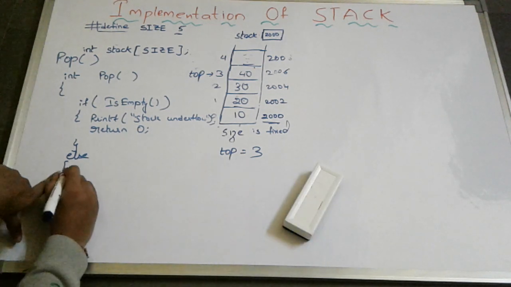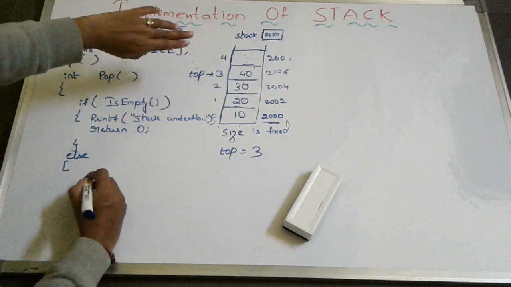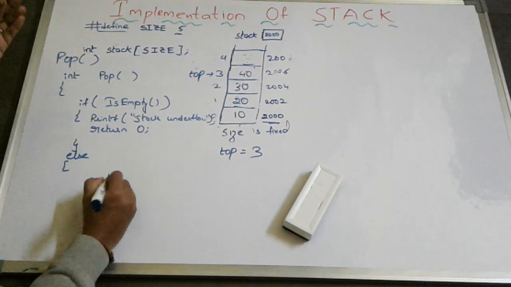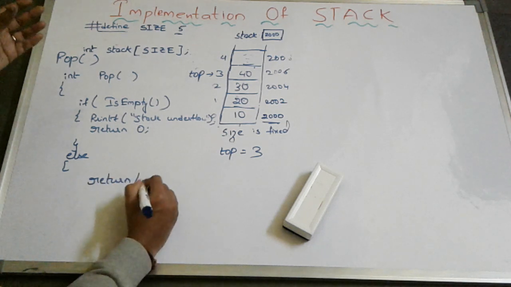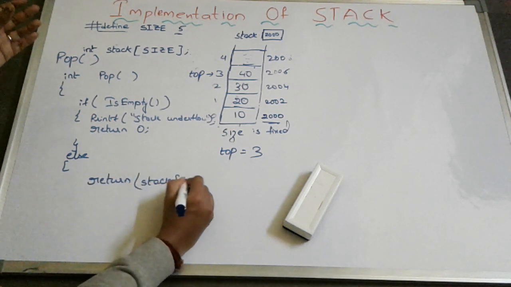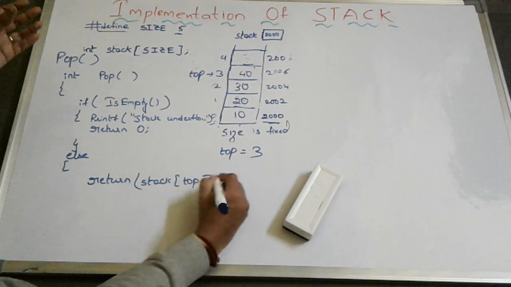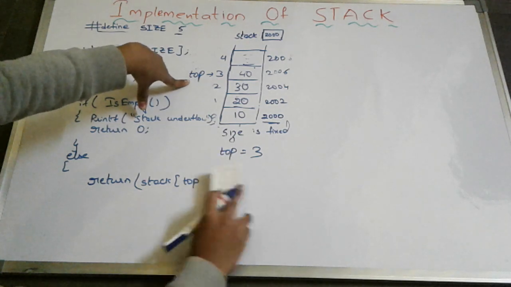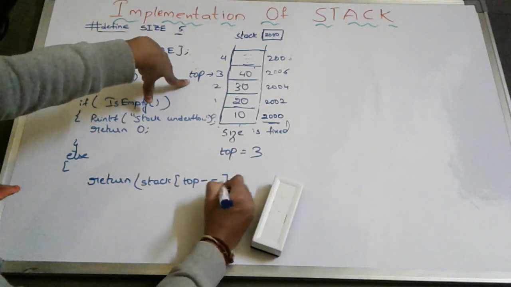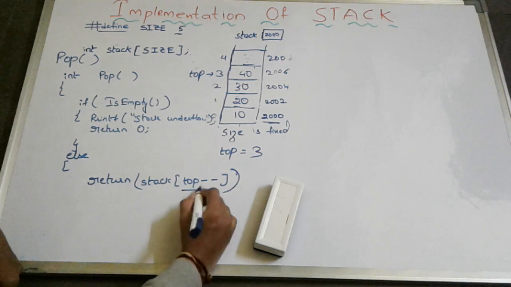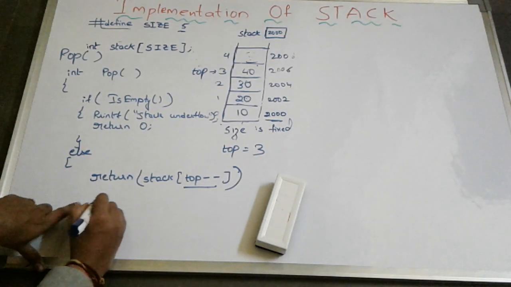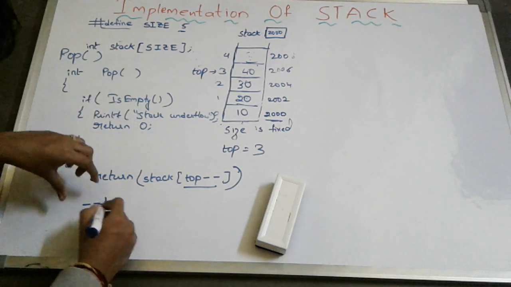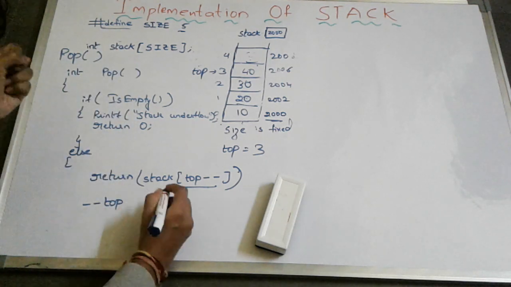Okay, first of all we should return the element, return stack of top, and then we should decrement the top, right? So here itself we can write minus minus. This is the post decrement. If we write minus minus top, first of all top will be decremented and then the stack value will be returned.